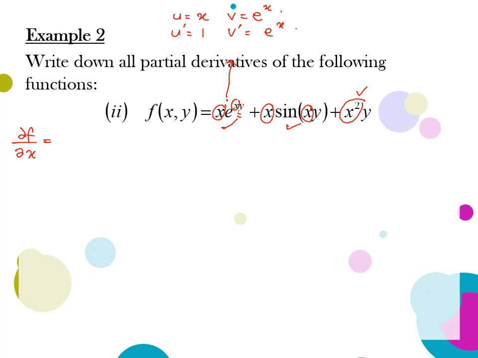Okay, so for this part only, sorry, this is xy, I forgot the y. So treat y as a constant. Okay, so differentiate that, you will get y only. So this is exponent xy, y.